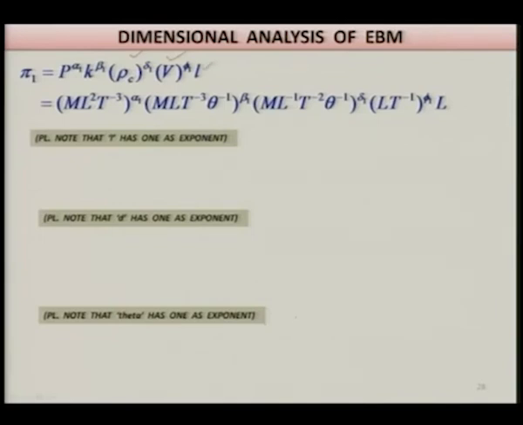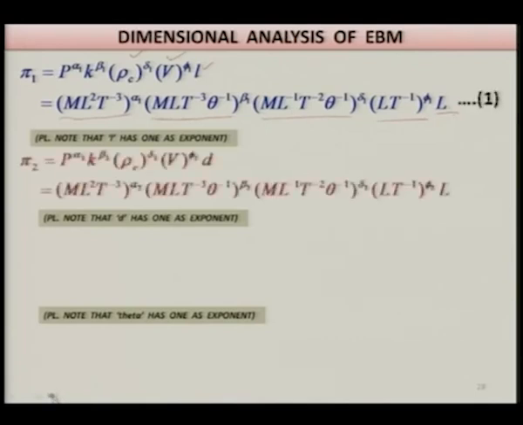So now what you can do, you substitute the dimensions: for P, M L squared T raised to power minus 3 whole raised to power alpha 1, for k, M L T raised to power minus 3 theta raised to power minus 1 whole raised to beta 1, and then rho c, M L raised to power minus 1 T raised to power minus 2 theta raised to power minus 1 whole raised to delta 1, L T raised to power minus 1, that is the velocity, whole raised to phi 1, and L, that has the unit dimension.